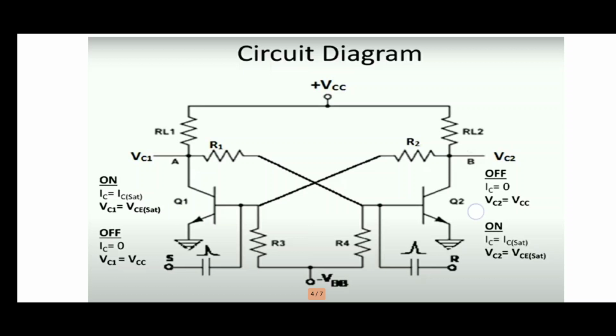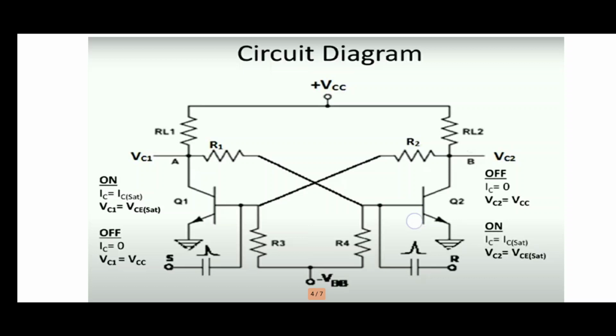If Q2 is off, the collector and emitter terminals of Q2 are open circuited, so there is no collector current, IC equals 0, and the collector voltage of Q2, VC2, equals the power supply VCC. When Q1 is on, VC1 is almost 0, so the minimum voltage is given to the base of Q2.